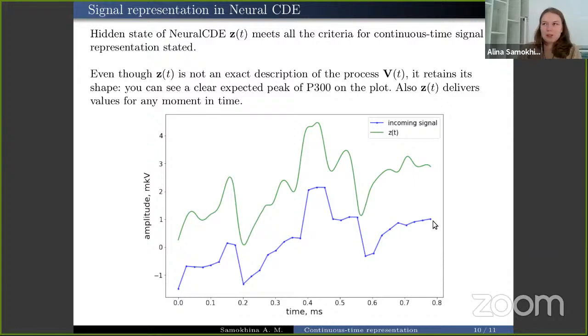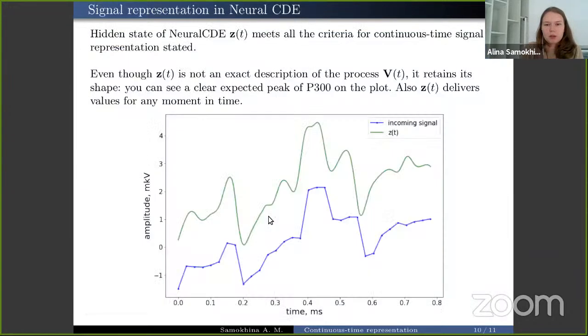I think that plotting predictions isn't a very good idea because it's a classification task, and I can't imagine how I would do this. Here we see the incoming signal, some channel of our electroencephalogram, and its hidden state.